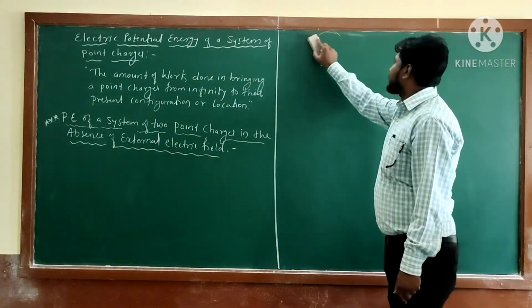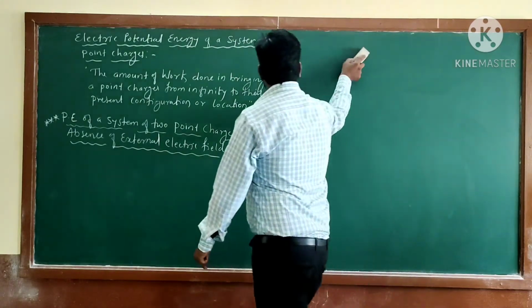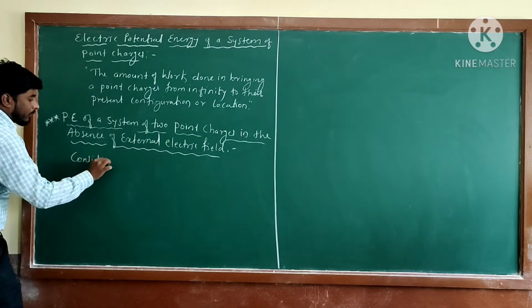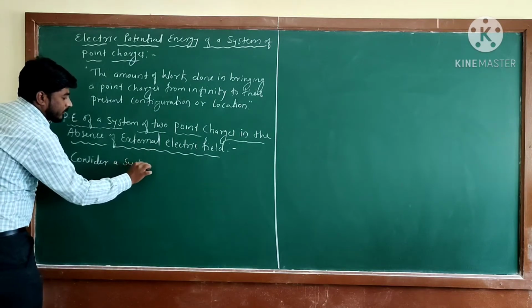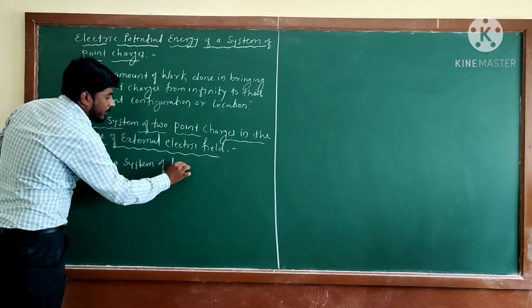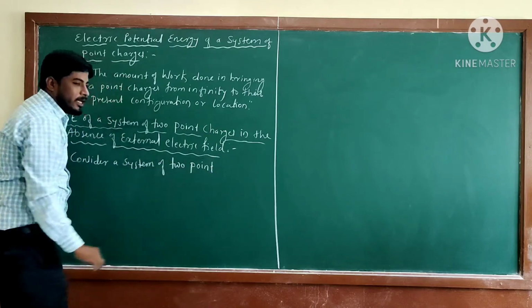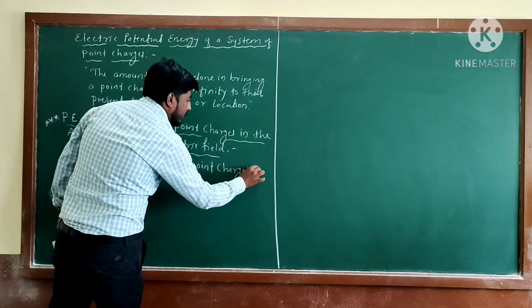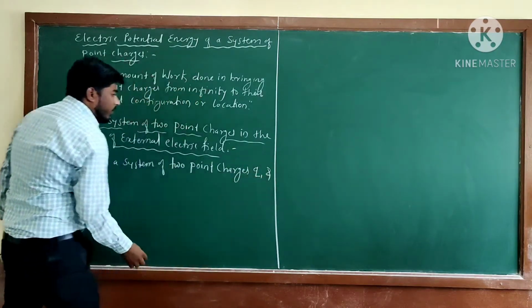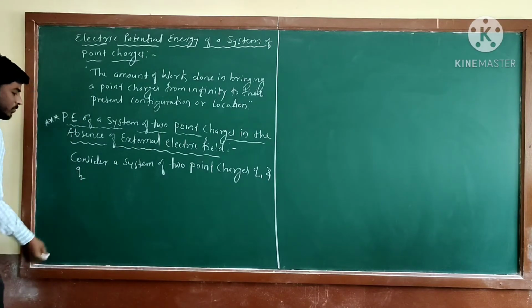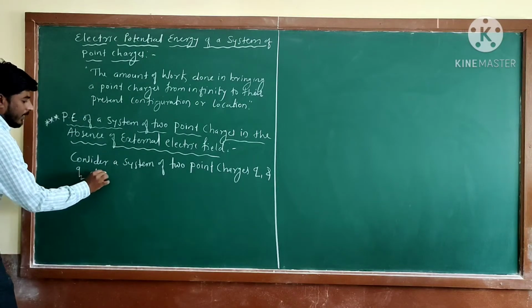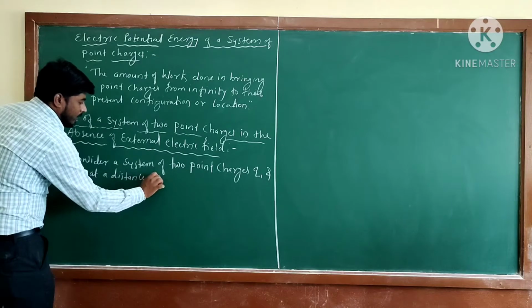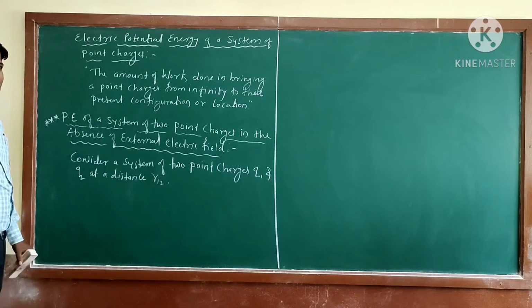Okay. So here, we will consider a system of two point charges Q1 and Q2 at a distance R12.